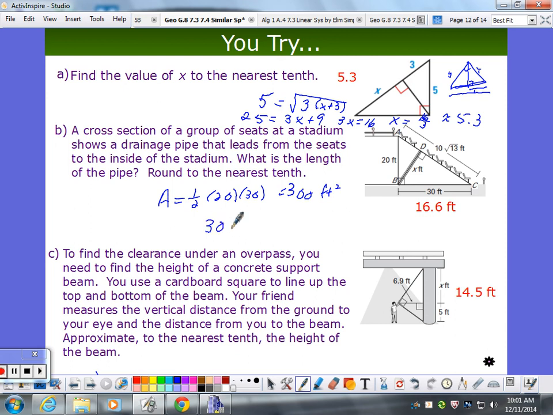So the area is also 1/2 this base times that height. So 10 rad 13, that's over here, equals 600. X is going to be whatever 600 over 10 rad 13 is, and I sure hope that comes out to 16.6. So you check that out, I hope it does.